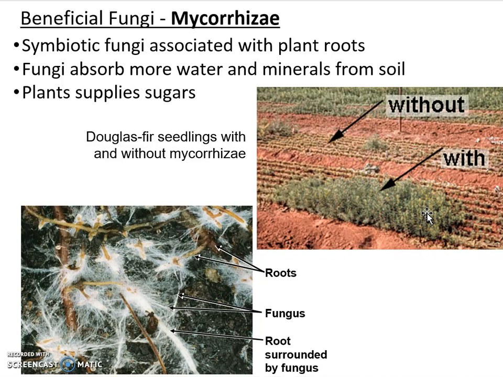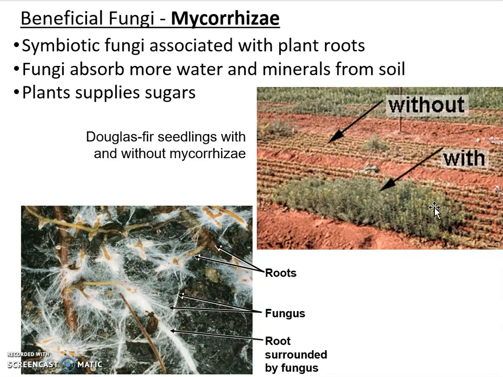And these ones, the seedlings, were grown in soil that contained a fungus. And what happens is that fungus will actually grow around the roots, and sometimes it will actually grow into the root structure right there. And the fungus is going to absorb more water and minerals from the soil, and you can see that vastly increase the amount of growth of those plants. They were given more water and more nutrients so that they could grow bigger.